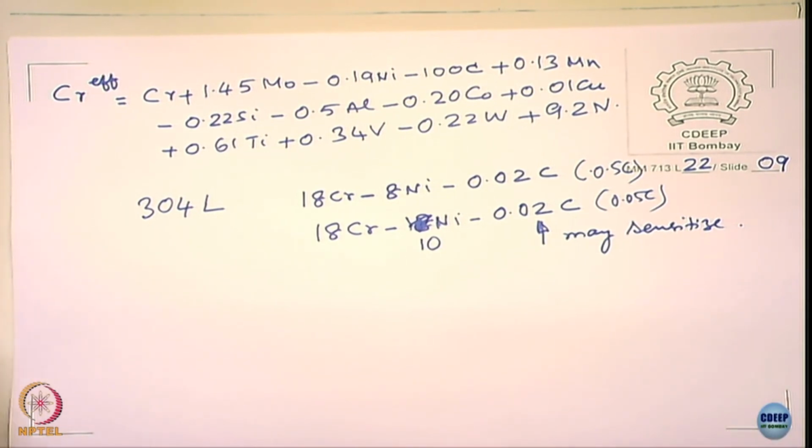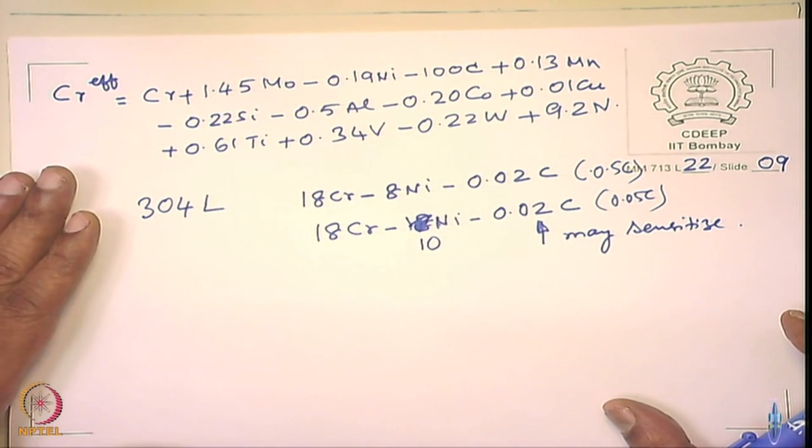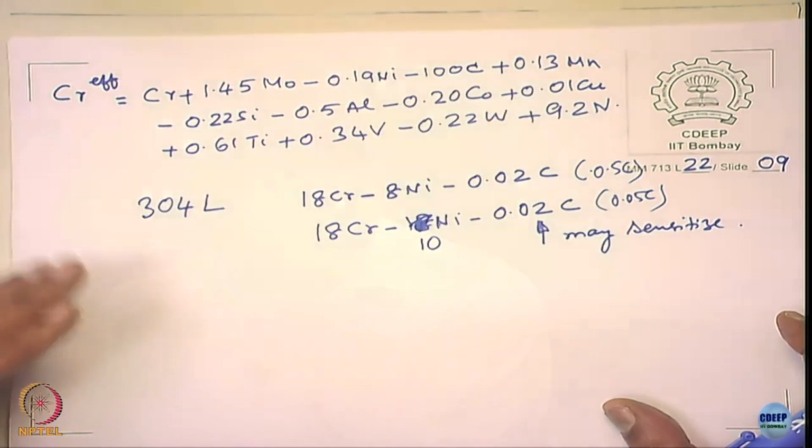Please notice that if it is all solutionized nicely, they do not have any problem, but when you sensitize it, some alloys may have faster kinetics, but some of them may not sensitize at all. One more thing that I want to discuss and then we close for today's discussion.